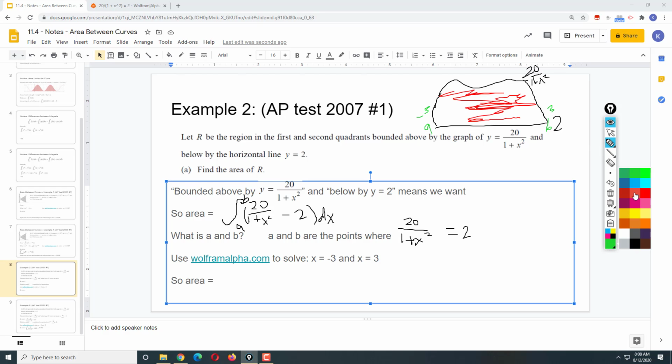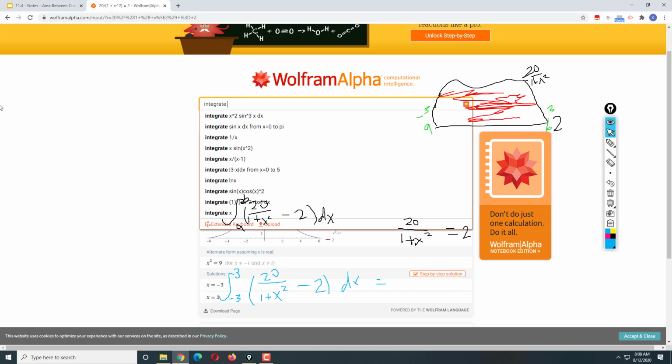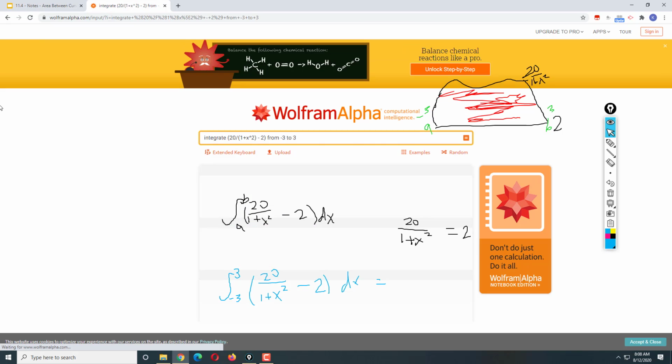So to integrate, it's going to be the integral of negative 3 to 3 of 20 over 1 plus x squared minus 2 dx. Again, they expect us to use our graphing calculators, so we use Wolfram Alpha to solve this. Back to Wolfram Alpha, we'll integrate 20 over 1 plus x squared minus 2 from negative 3 to 3.